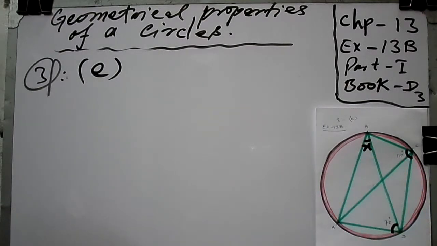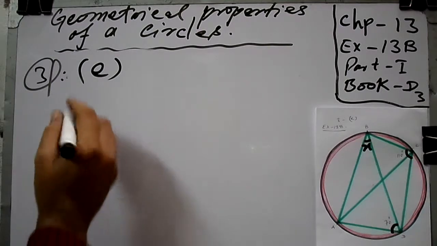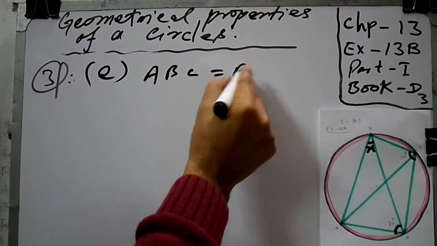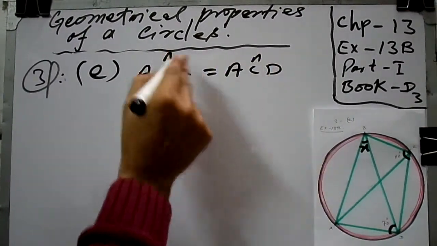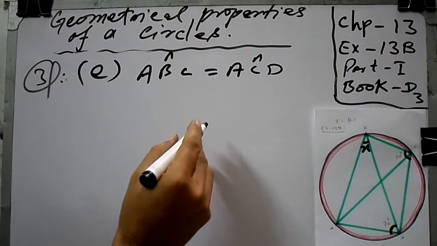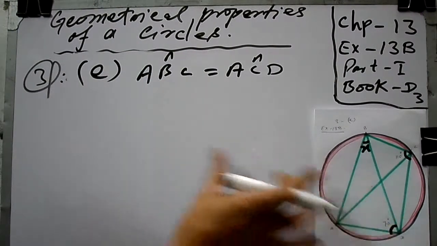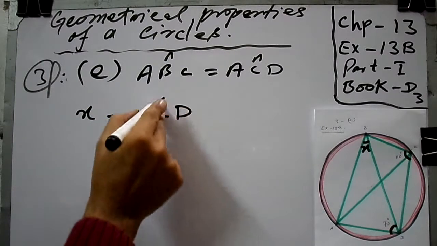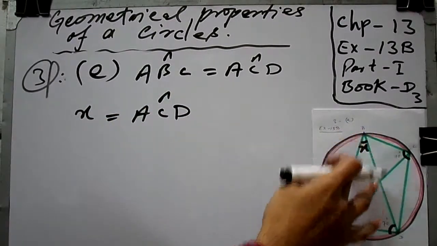So in the E part, in this figure, you can see that once again angle ABC is equal to ACD, that is, angles of the same segment, and the value of x is equal to ACD.